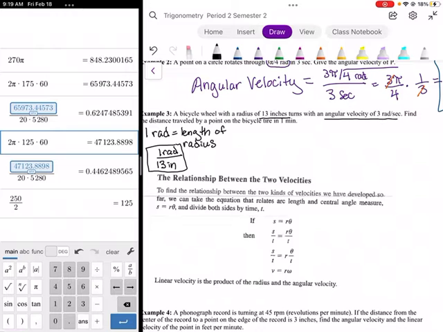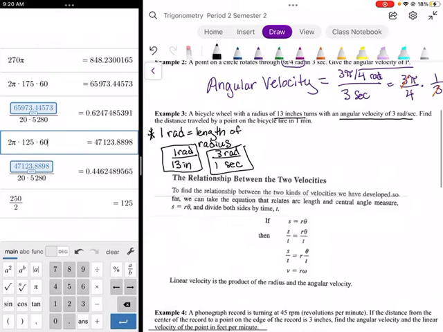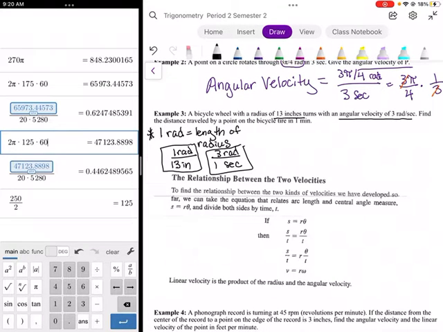They also tell us our angular velocity of 3 radians per second. So we know we have 3 radians over 1 second. And that is another unit converter that we can use in this section. So then next, we're going to find the distance traveled by a point on the bicycle tire in 1 minute.